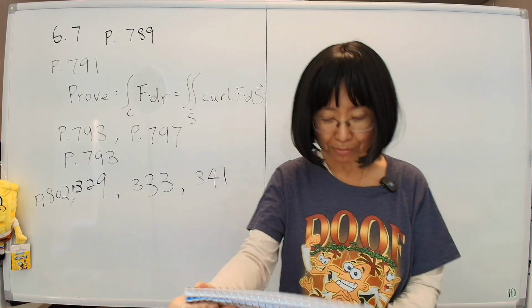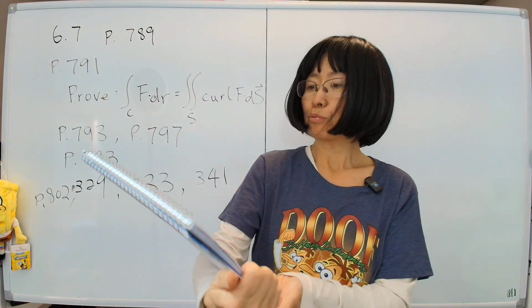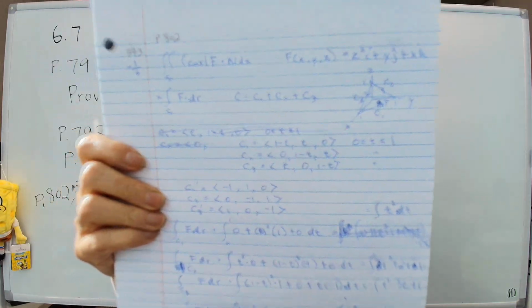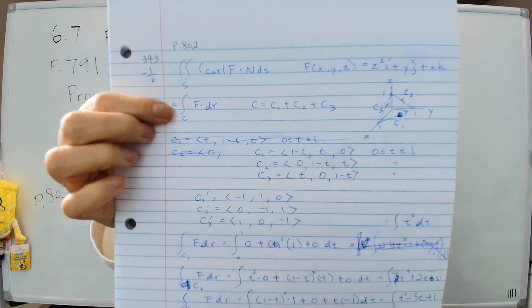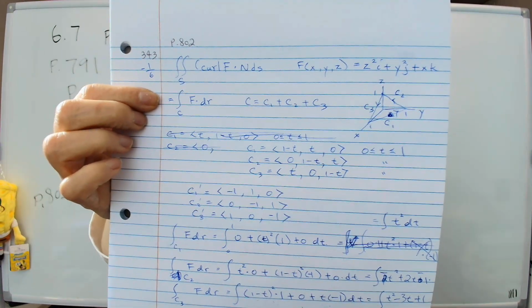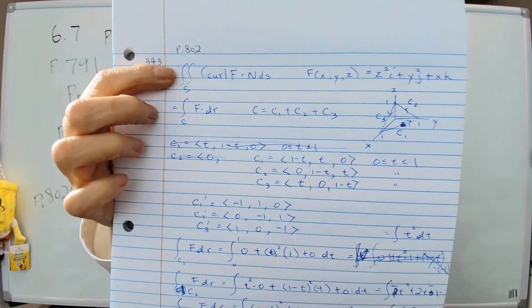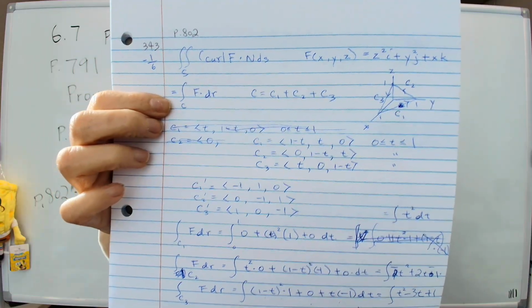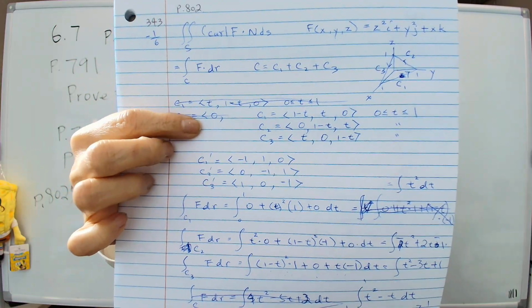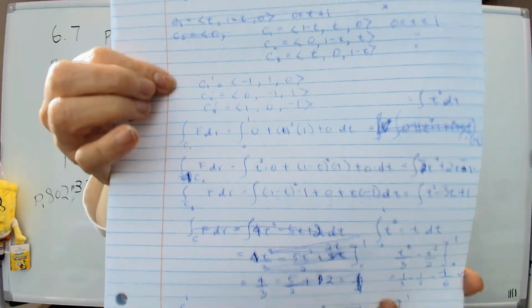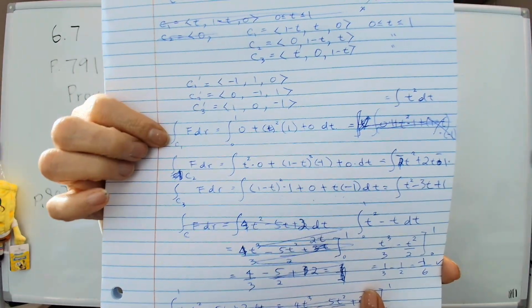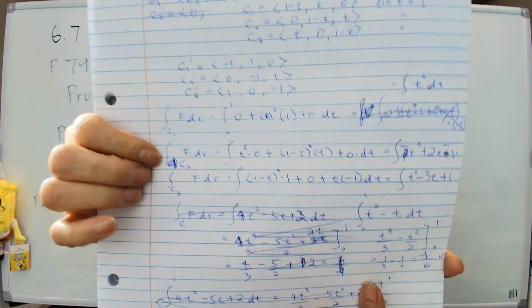Next, let's look at problem 343. We have 3 lines to integrate over, so we'll do F dr. We parameterize the 3 lines like this and take the derivatives, and the next job is simply integrating over each line and adding it all up.